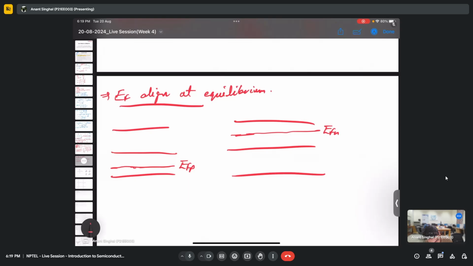Just see that the Fermi level will come down to here, and these two will be in the same line because the Fermi level needs to align at equilibrium. Now listen carefully, we need to have this Fermi level here to have this equivalency, right? Does it make sense?